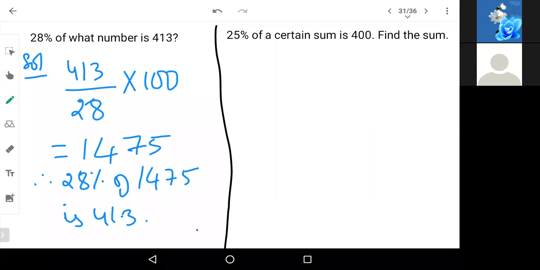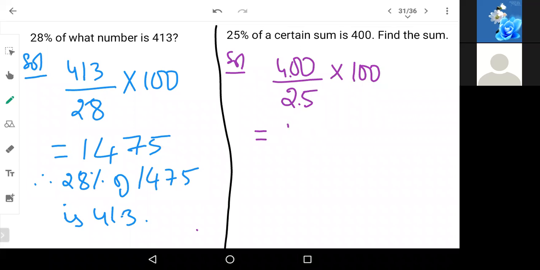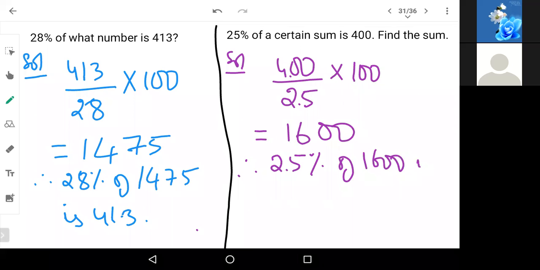So what is the part number first? 400 is the part number, divided by 25, which is the percentage number, into 100. So what do we get? For 400 by 25 into 100, we get 1600. So therefore, 25% of 1600 is 400. Understood? Any doubts in these problems?